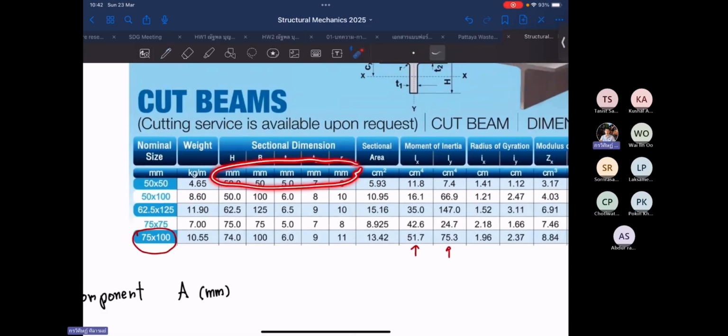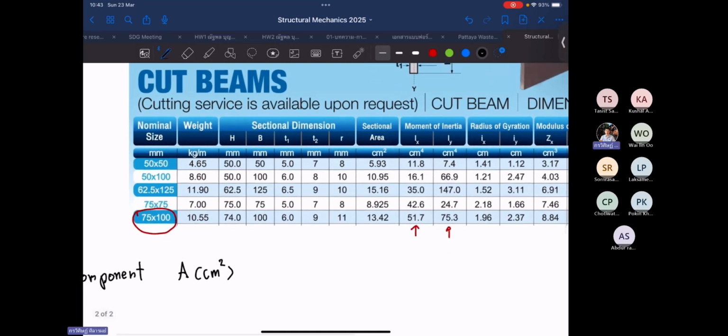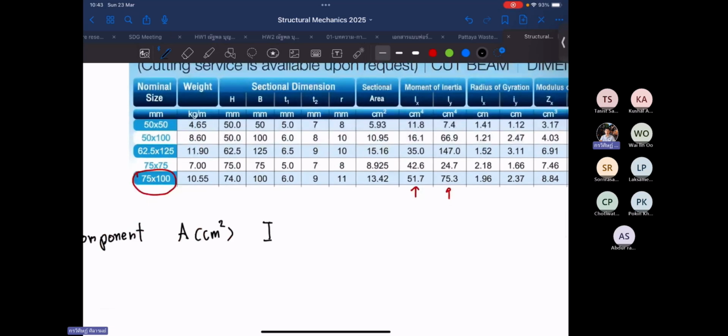All dimensions are in millimeter, so I will calculate the sectional area in square millimeter and convert it to centimeter later. But let's say I use centimeter directly, so this one will be square centimeter. Then the moment of inertia in the x direction, also in centimeter.